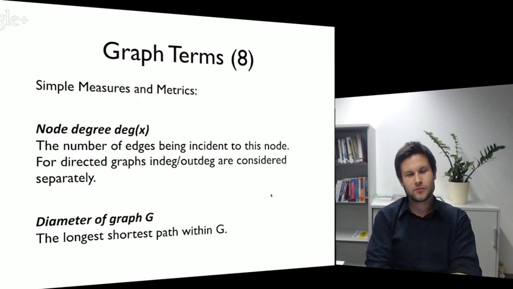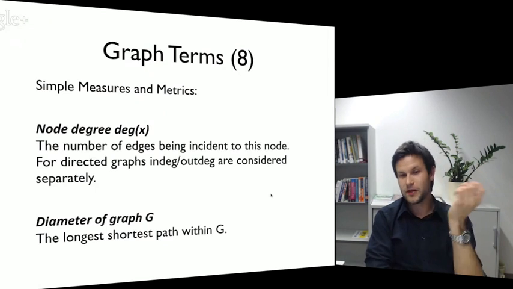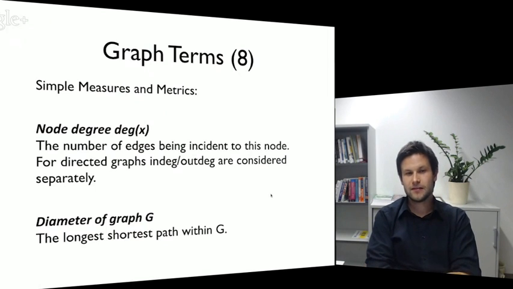An application would be if you have a social network and you're looking for highly interconnected people that are opinion leaders. Then they should have a high node degree, right? Because they're connected to really lots of people, and if they're posting something, it will reach lots of different people.